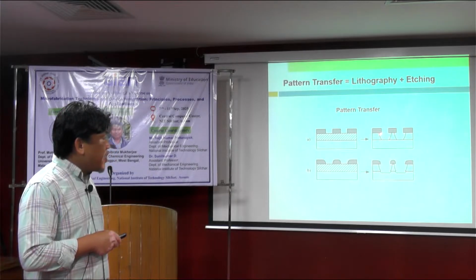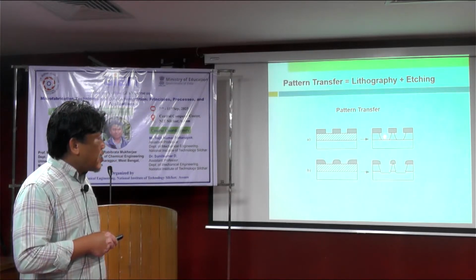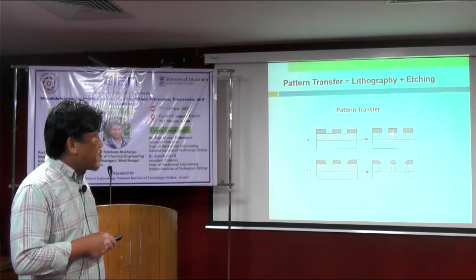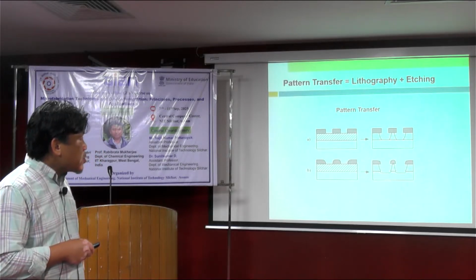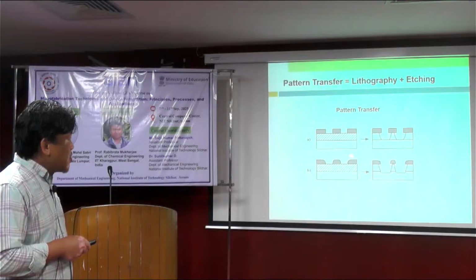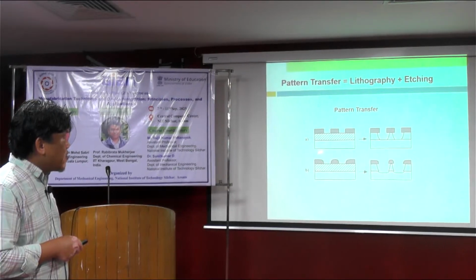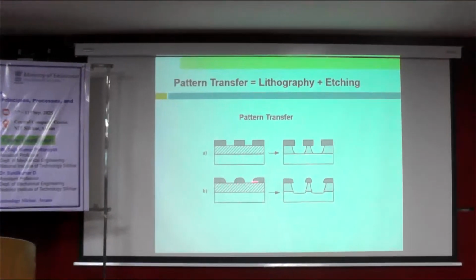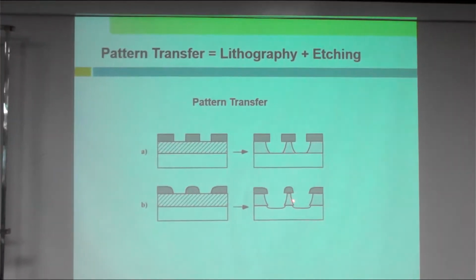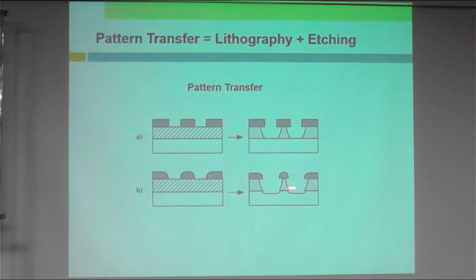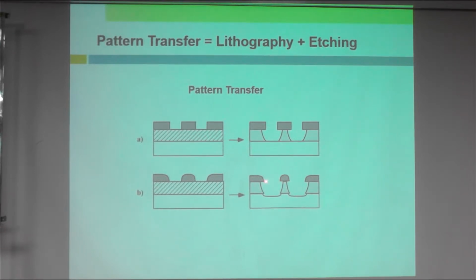The chemical attacks this area and forms this kind of narrow shape. In this lithography process, you have your photoresist here, and if you do wet etching, it also removes this pattern actually. So that is the selectivity of this removal of materials, which then affects the etching process.